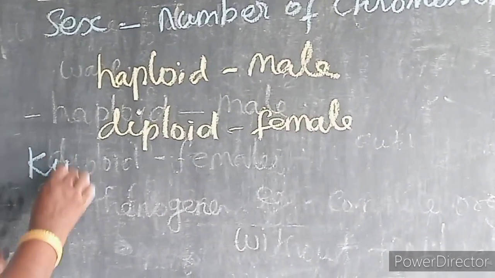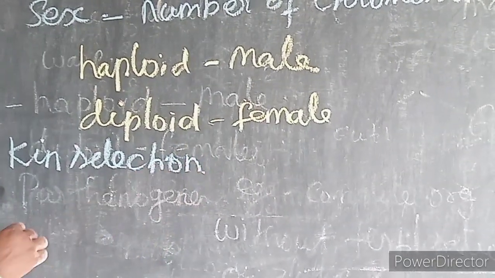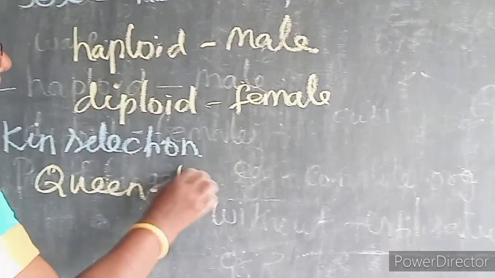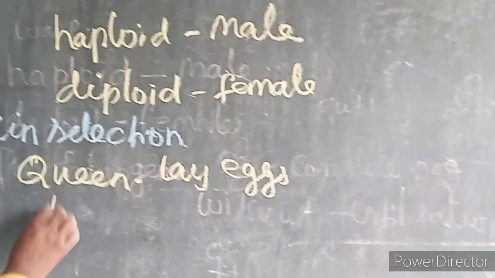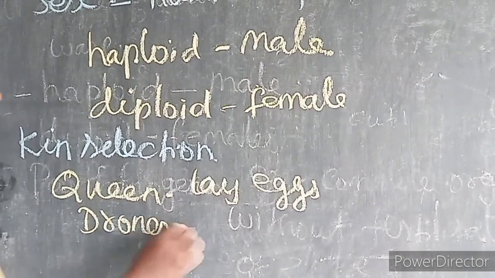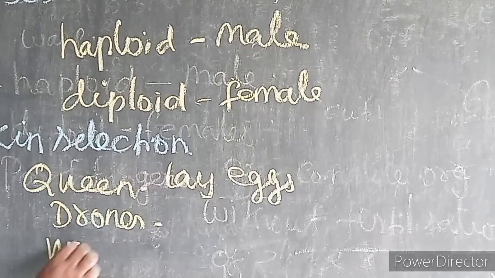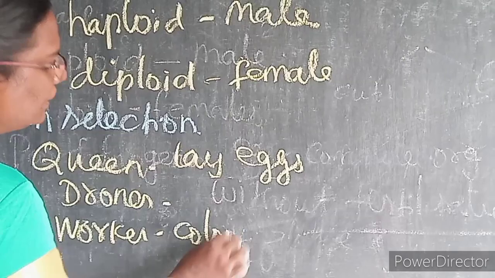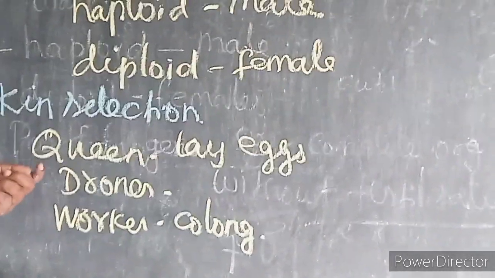So it's a very important 2 more question. What is your kin selection or K selection? So what is the function of the queen bee? To lay the eggs. Then what is the function of the drones? To fertilize with the queen bee. Then what is the function of the worker bee? To maintain the colony, to nurture the eggs. That is to take care of the beehive.